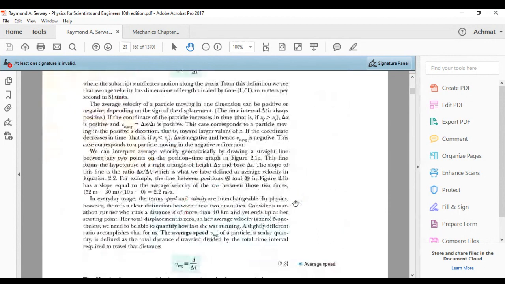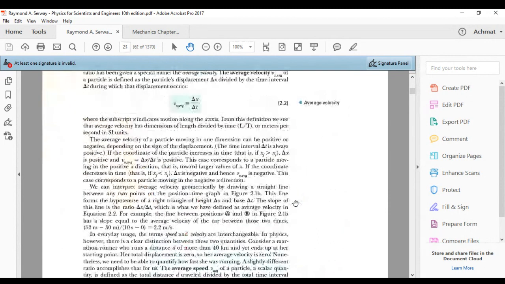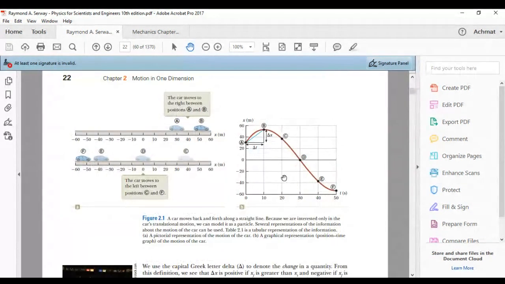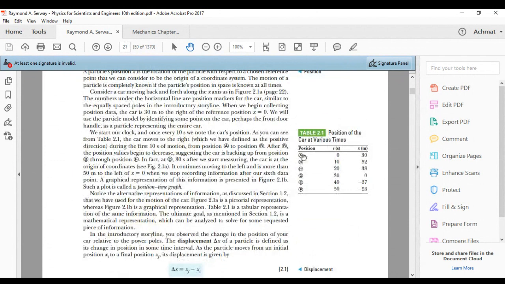So if you go back to that, what I'd like to show it to you. Right, so there you are. The initial position is there, A, and your final position is there. You can look at it on the graph, but I think it's safer to look at the table. A at 0 seconds, ti, right? And that will be xi. That will be 30 meters. And F, can you see, we ignore everything between that.